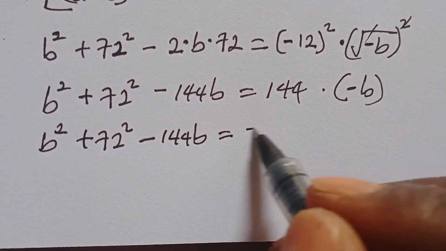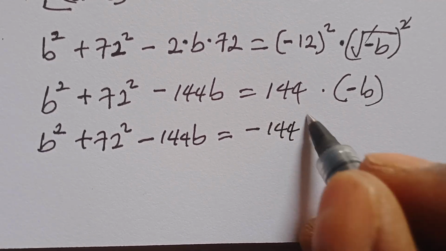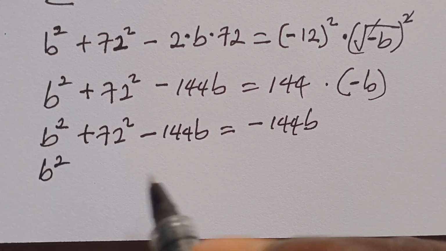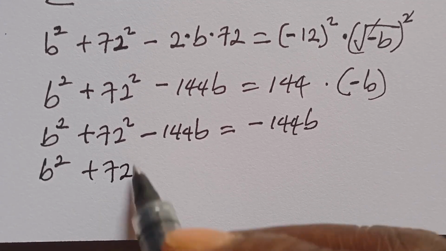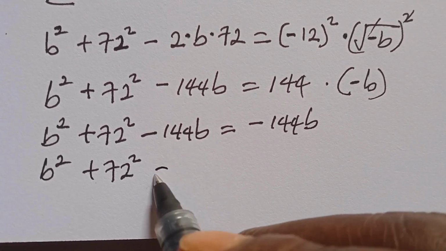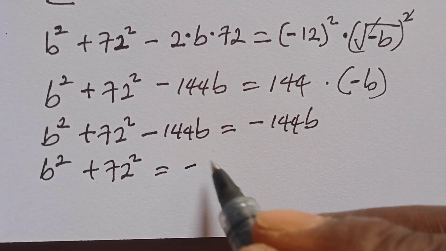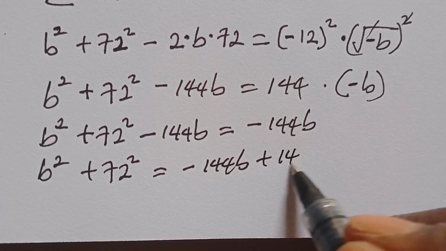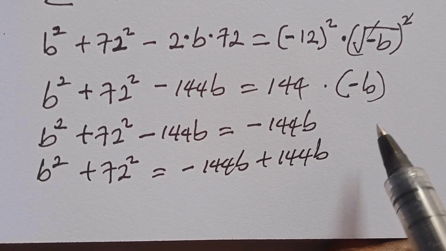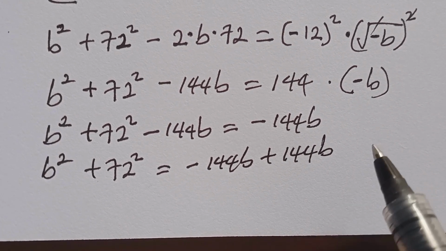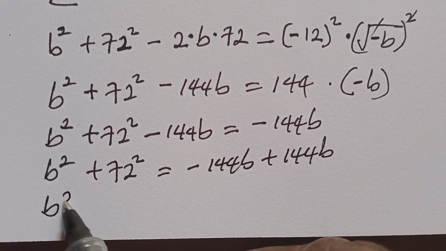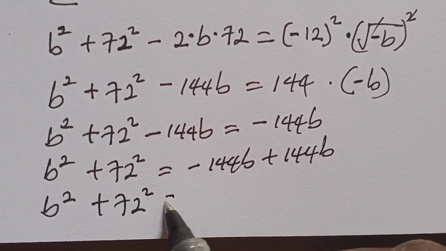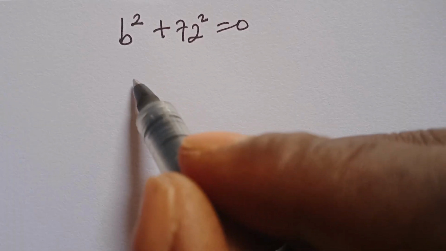If you take minus 144b to the right hand side, it will be plus 144b. Now we have b squared plus 72 squared equal to 0.